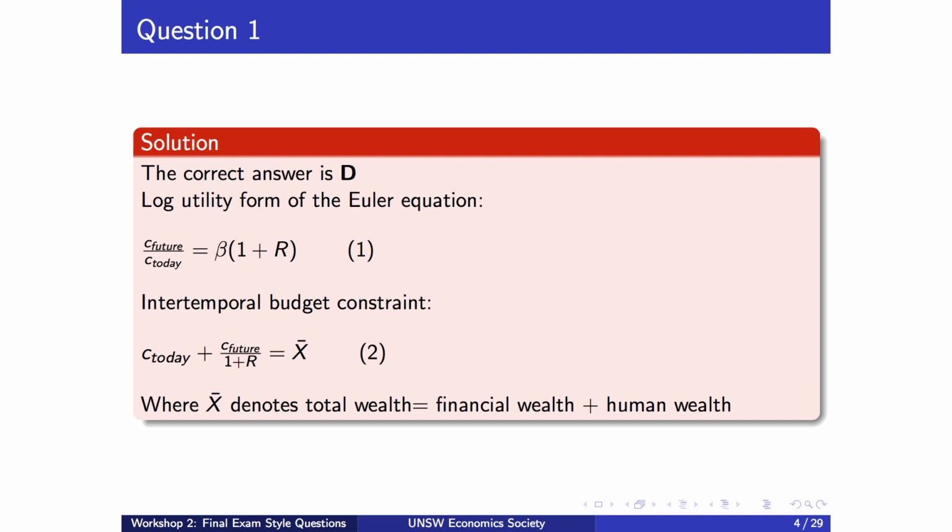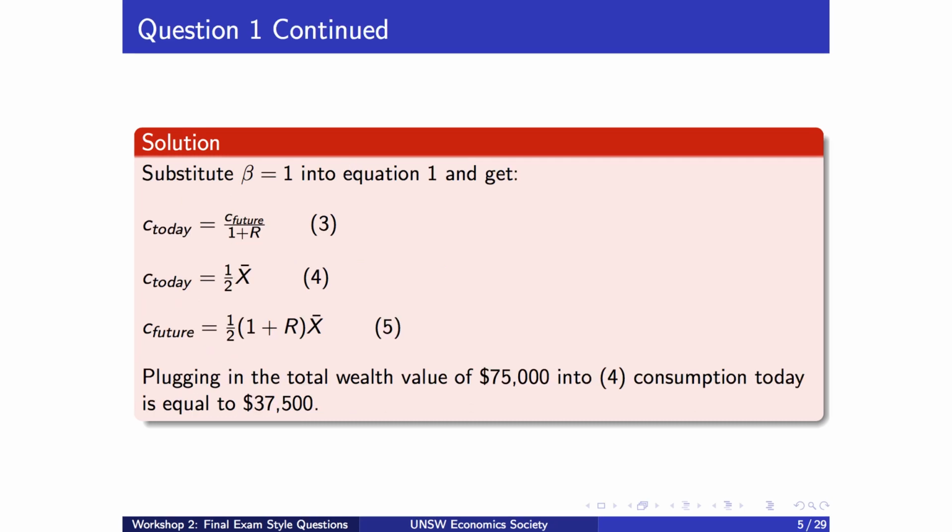We start off with the log utility form of the Euler equation, which is given by equation 1. We also have the intertemporal budget constraint, which is given by equation 2, where x bar denotes total wealth, which is the sum of financial wealth and human wealth. We substitute beta is equal to 1 into equation 1 to get equation 3. What this means is that the consumptions are equal in present value terms.